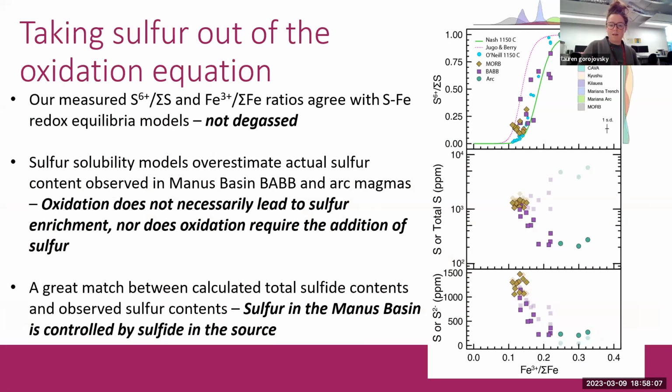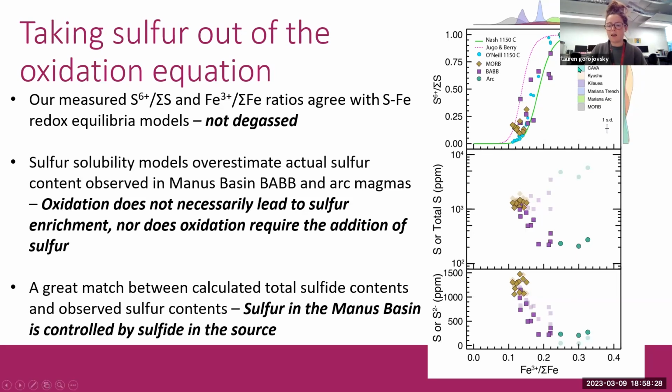So now I have directly compared how my measured sulfur content and speciation compares with our current understanding of models relating sulfur and iron speciation, but also the solubility of sulfur within these magmas.